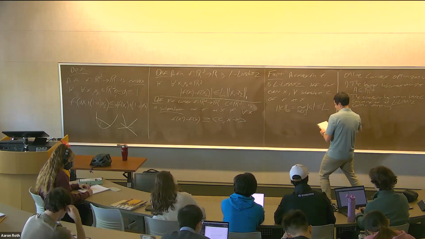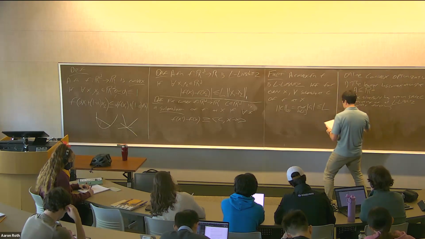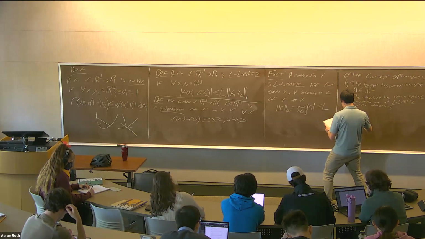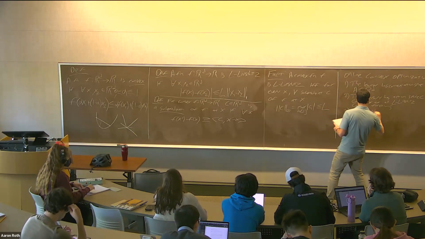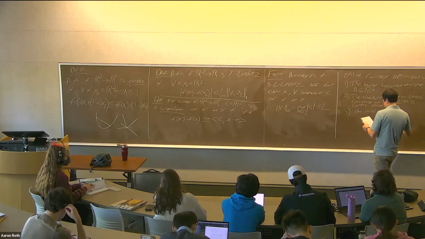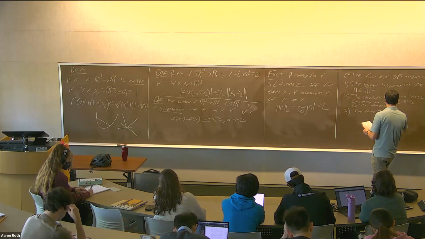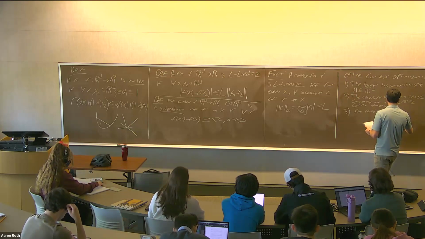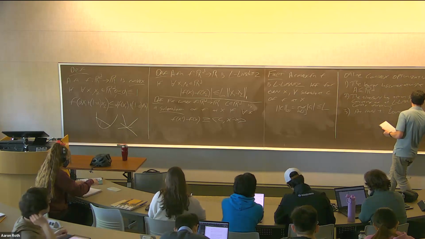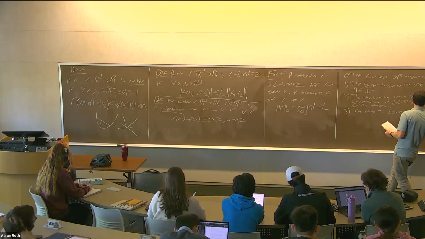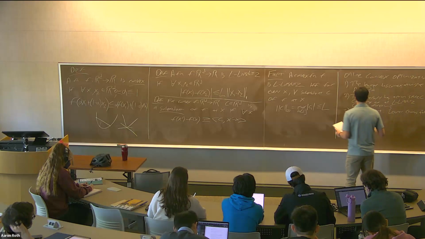And then in rounds, just as before, at round T, the learner chooses an action A_T from their action space.